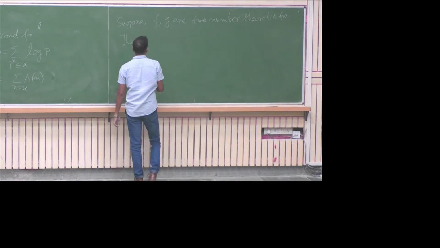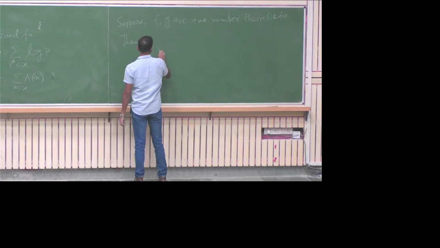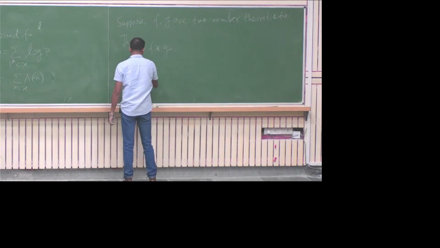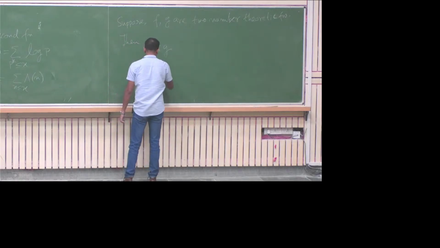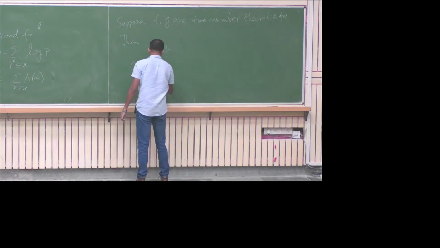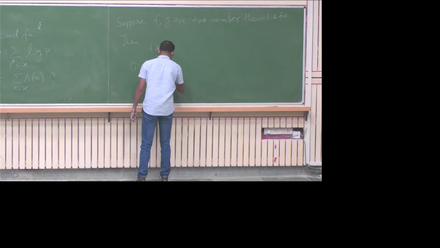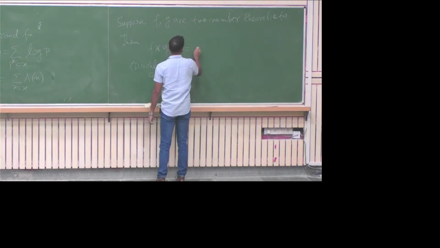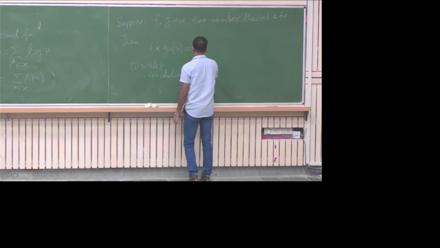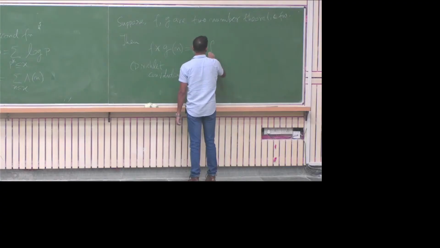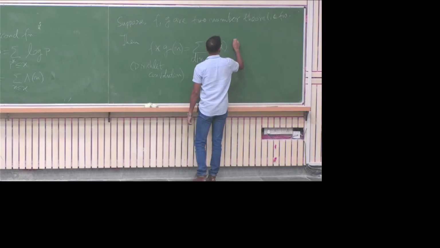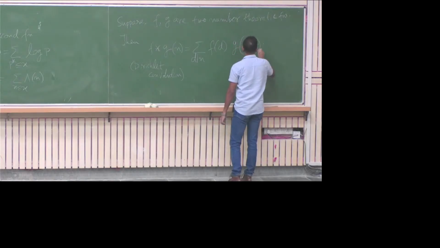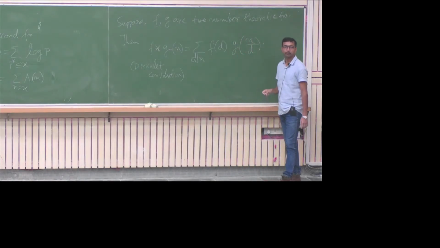Then the convolution of f and g, or Dirichlet convolution, is defined as the sum over all the divisors d of n of f of d times g of n by d. Okay.